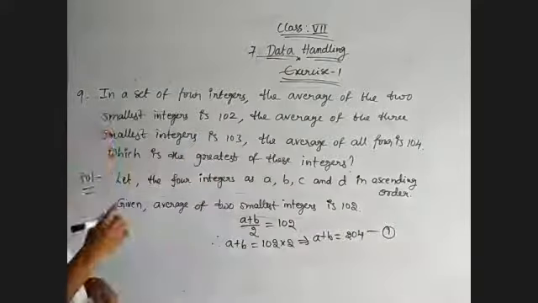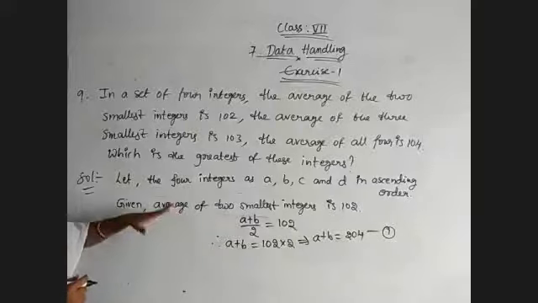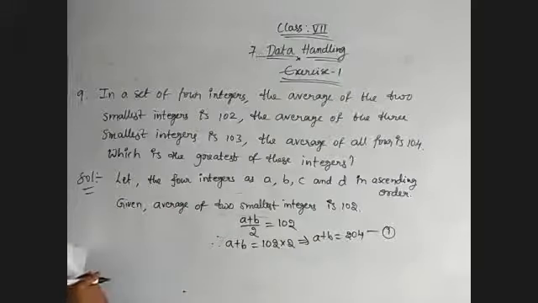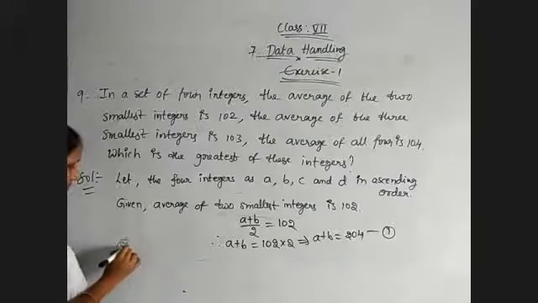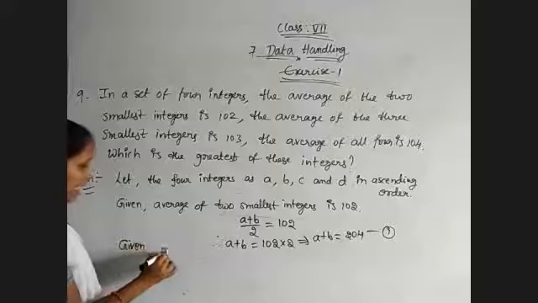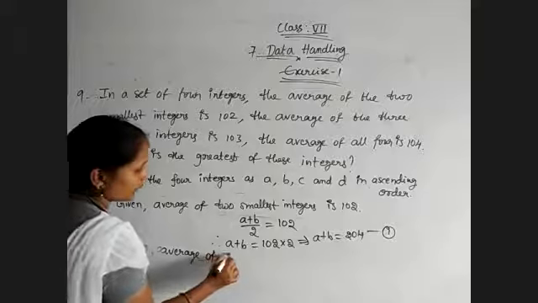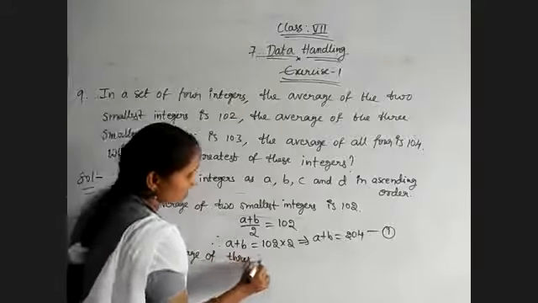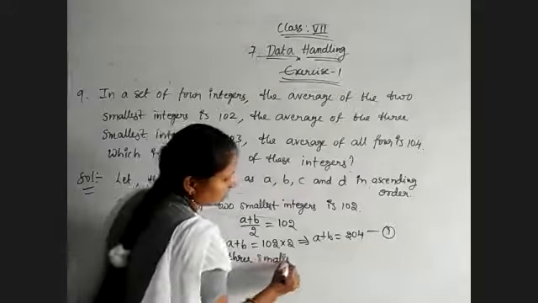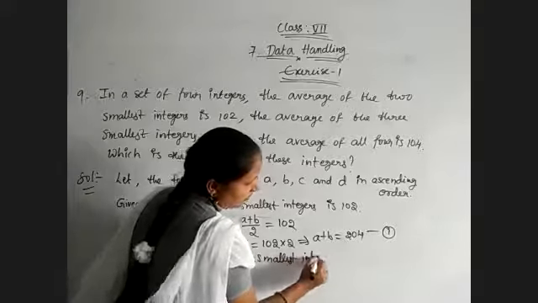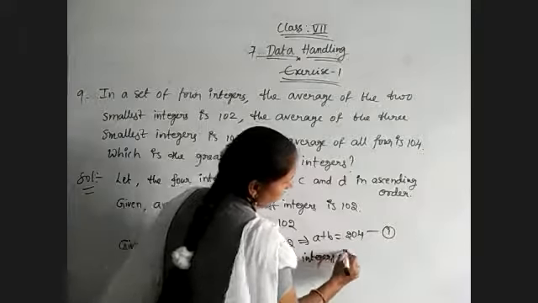Similarly, from the second condition, (A plus B plus C) by 3 will be equal to 103. Given, the average of three smallest integers is 103.